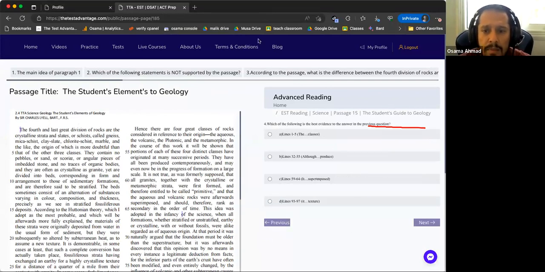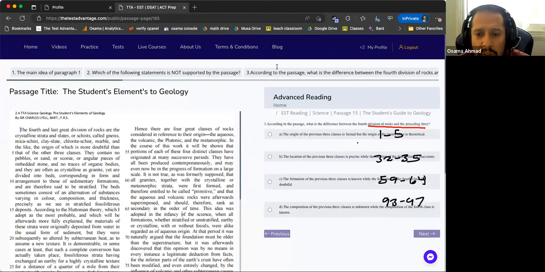So here نكتبها في السريع. 1 until 5, 32 until 35, 59 until 64, 93 until 97. ده كان الافيدنس بتاعتها. So يوسف بيقول لي اجابه C و A. I suppose so, right? عشان نيجي ندور في الافيدنس عندنا ندور على الفرق ما بين الفورث division وال preceding 3.